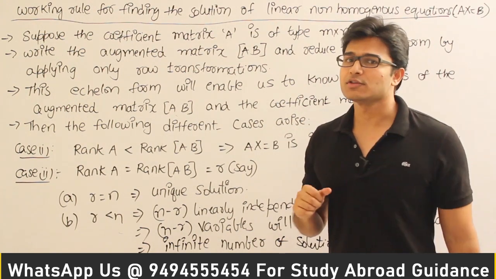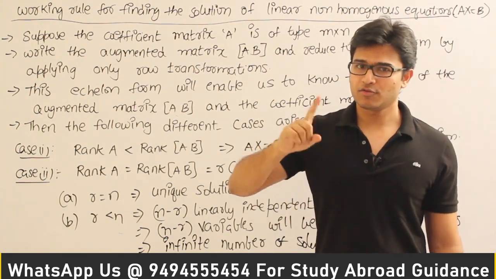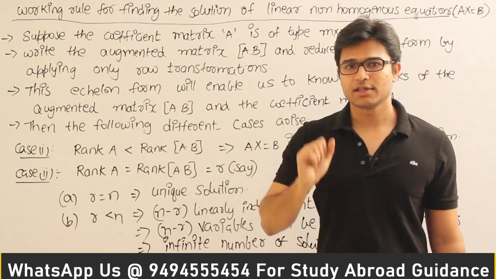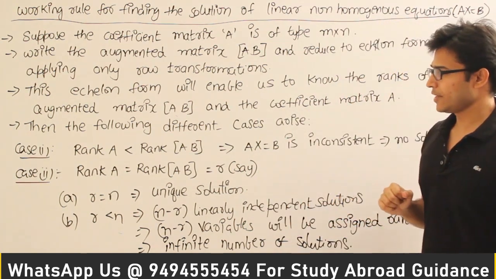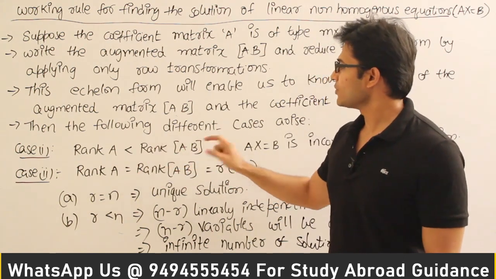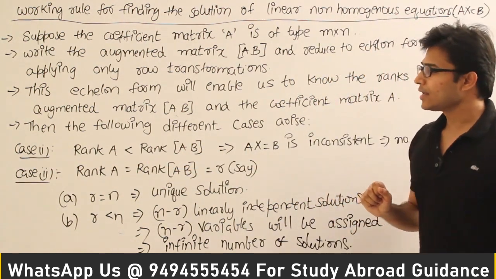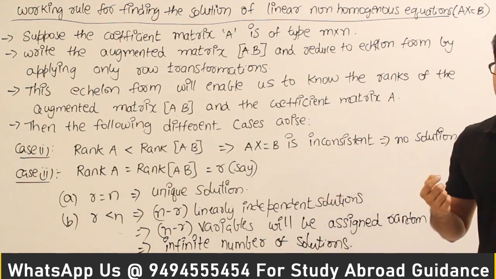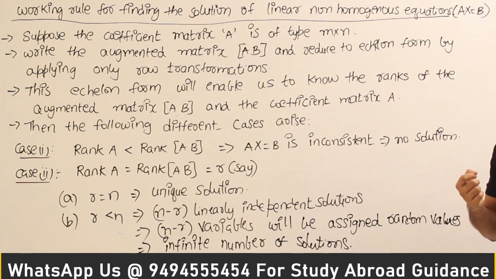In the same matrix, you will be able to find the ranks of both. Now see this, if rank of A is less than rank of [A|b], it means that it is inconsistent, which means there is no solution.